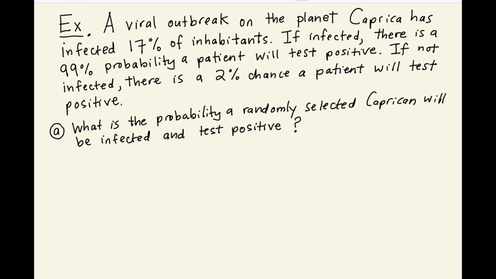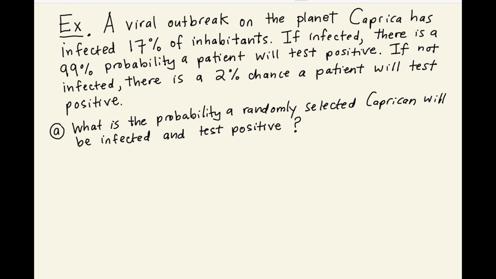So in order to complete this problem, I'm going to use a tree diagram because I find that helpful in these situations where we have these sequential events. So we have individuals getting infected, and then after they're infected, they are tested. So the first thing I'm told is 17% of the inhabitants are infected.